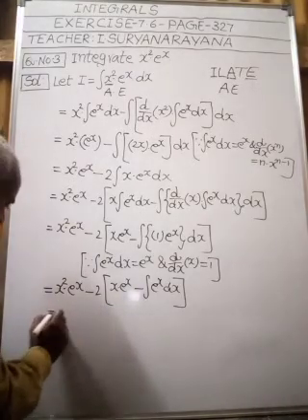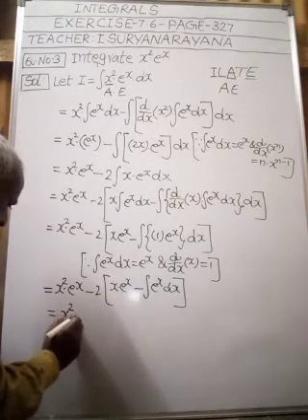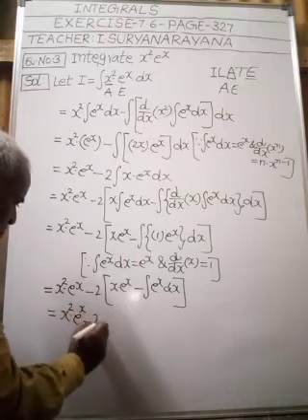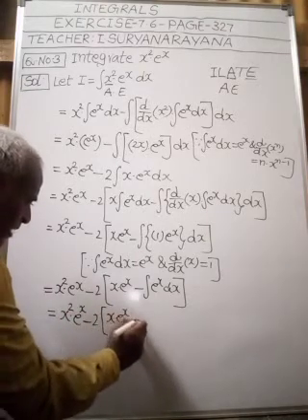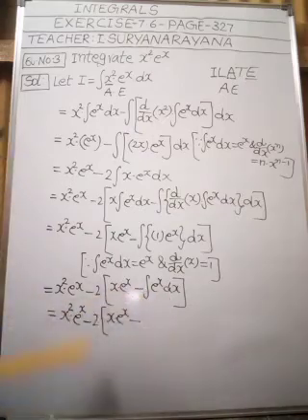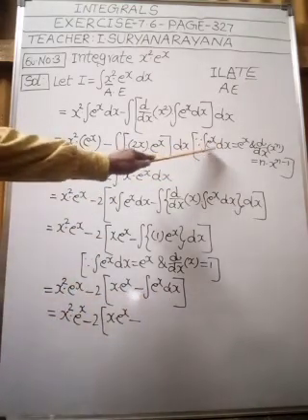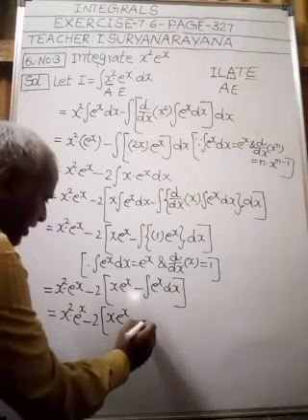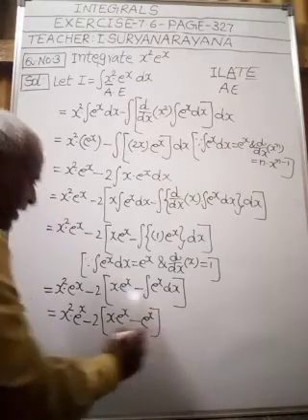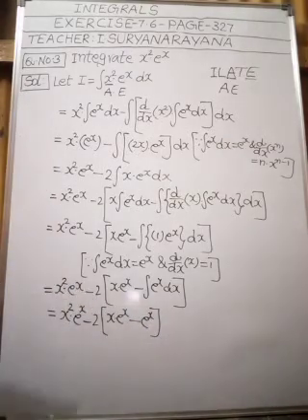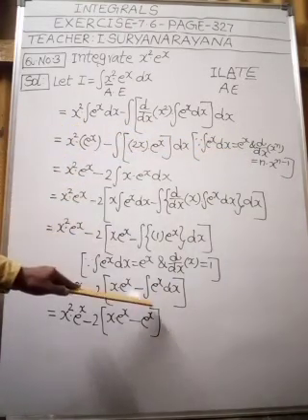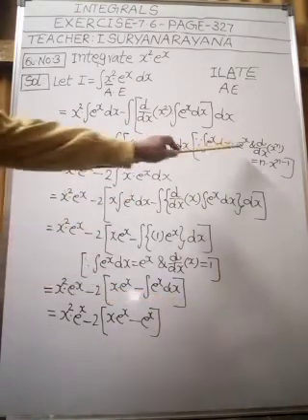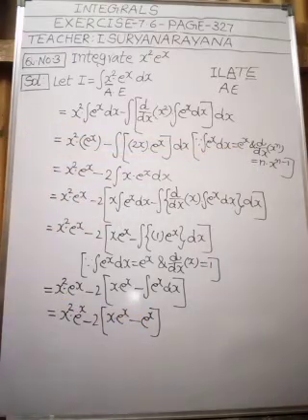That is equal to x square e power x minus 2 into x e power x minus integral e power x dx formula. Already I have written integral e power x dx is equal to e power x. So I am not writing again that formula here. Okay, my children, because I have already written integral e power x dx is equal to e power x. So for this we use this formula. Okay, my children, understood? Right.